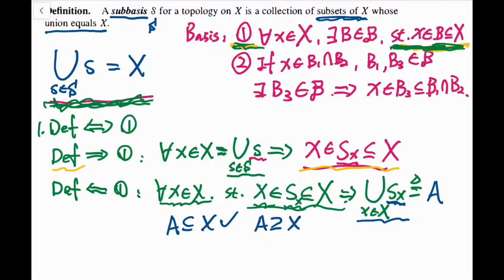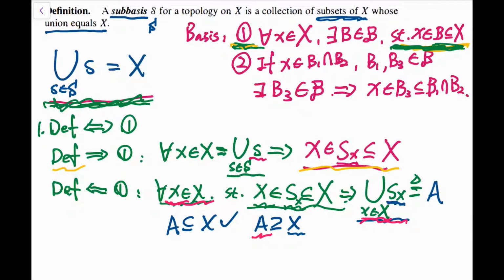So this is true. And also we can find A should contain the set X. This is because for any element x in the big X, we can always have that this x is inside the set A. This is because in this union, any x inside the big X is inside one of the subbasis elements Sx.